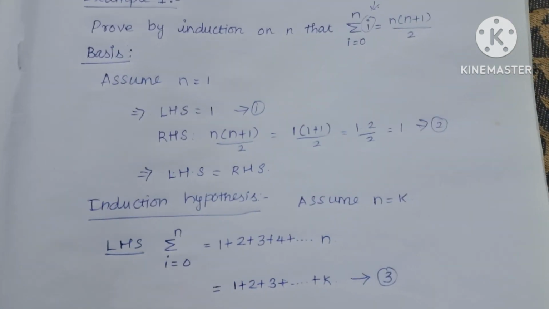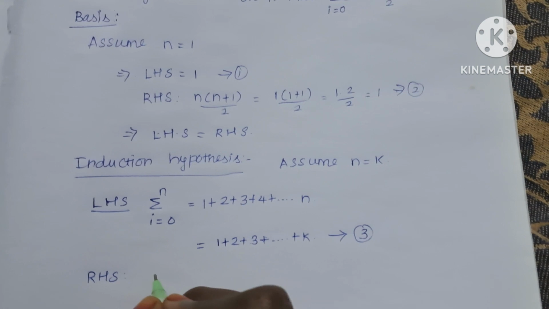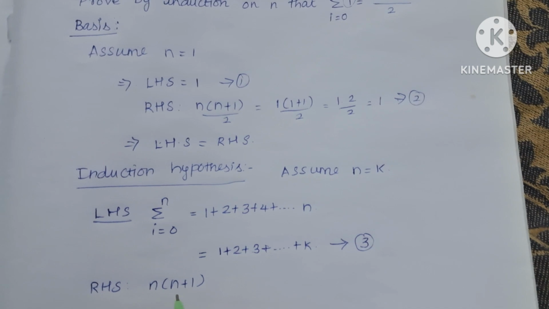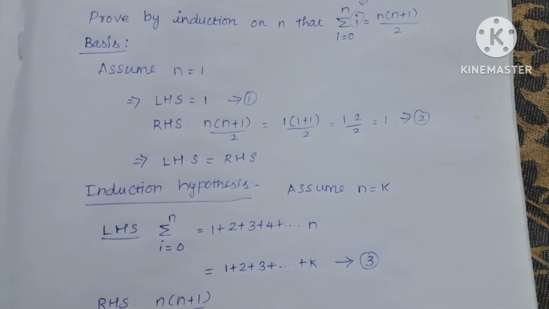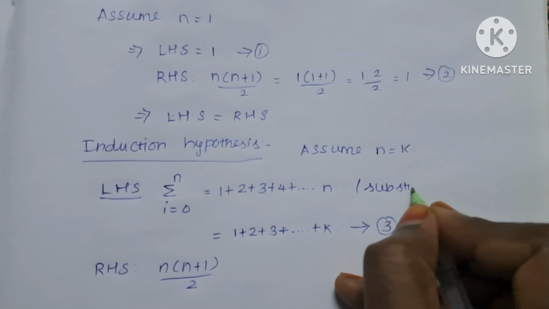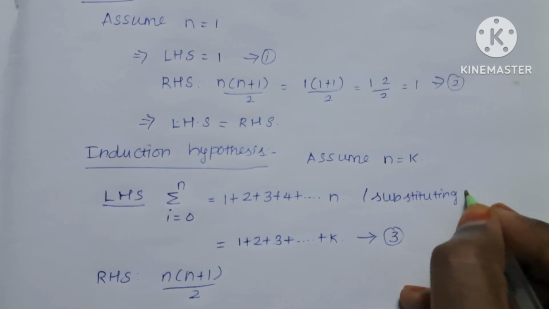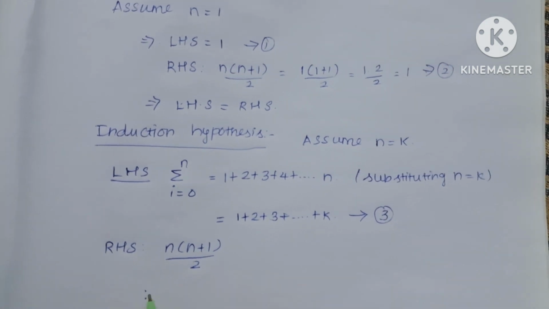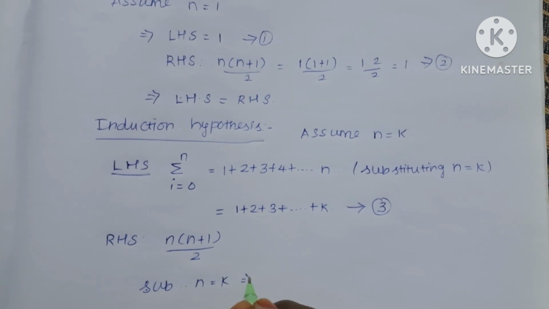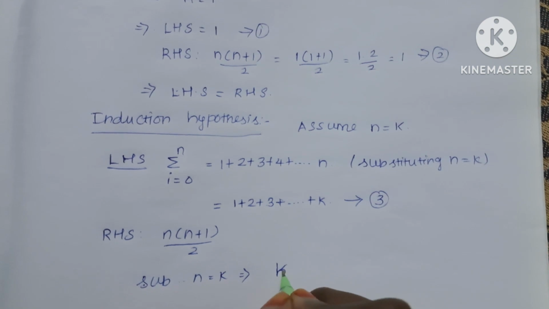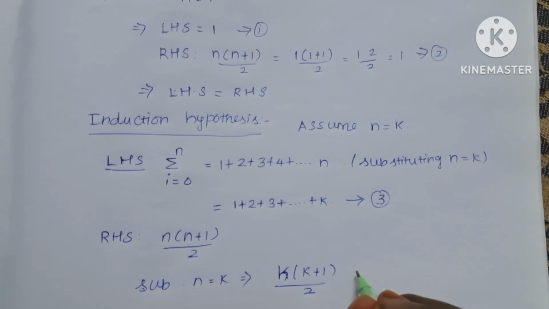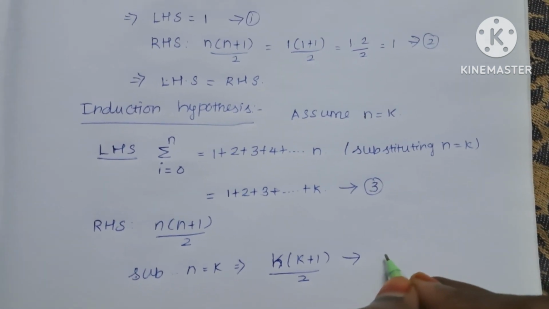So right hand side, n into n plus 1 by 2. So substitute n equal to k. This implies k into k plus 1 by 2. So this is the right hand side.